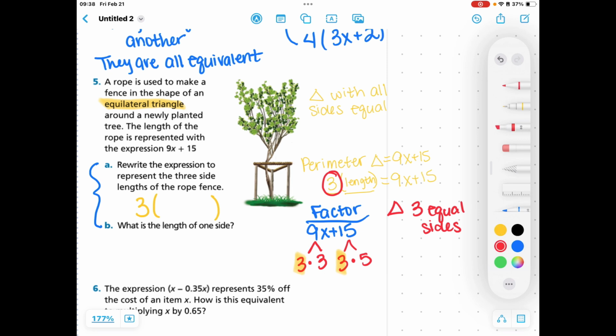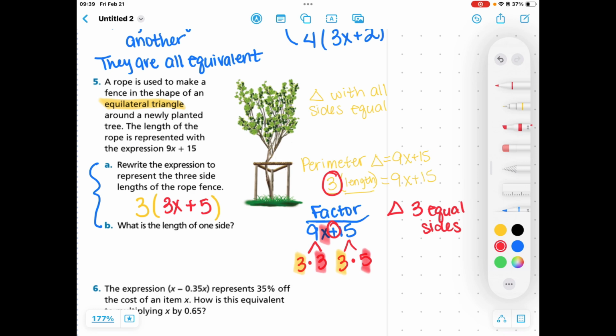Leaving what left over? Well, it leaves a 3x plus, because my plus sign does not go away, a 5. A 3x plus 5. Now that's rewriting the expression. What is the length of just one side?